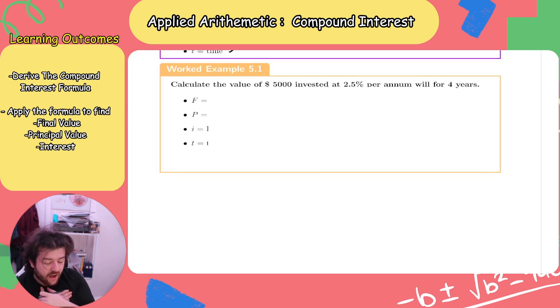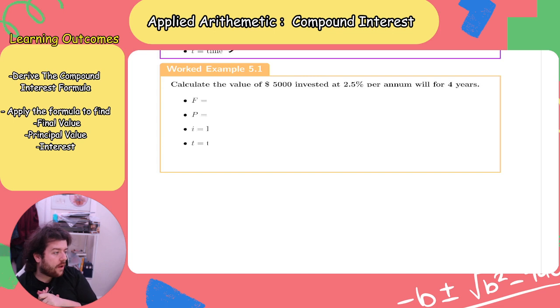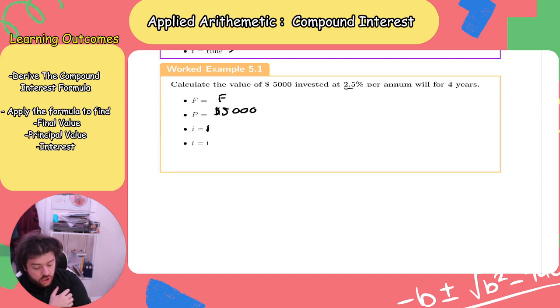So let's have a look at an example here. Calculate the value of $5,000 invested at 2.5% per annum for 4 years. So my final amount, I don't know what it is, so it's going to be F. My principal amount, what did I start with? Well, I started with the $5,000. i is going to be equal to, so we need to write 2.5 as a decimal.